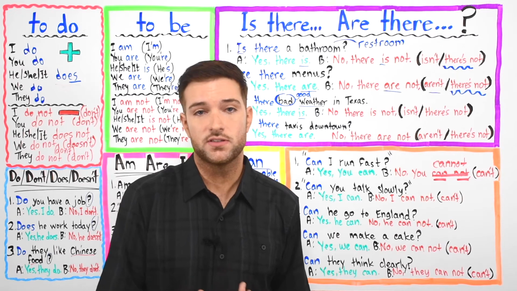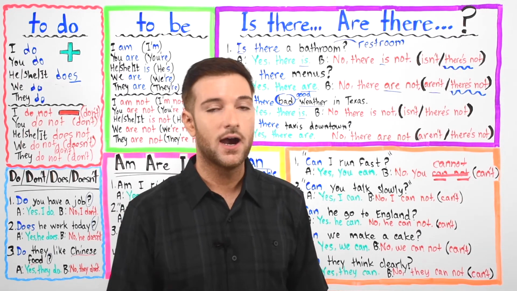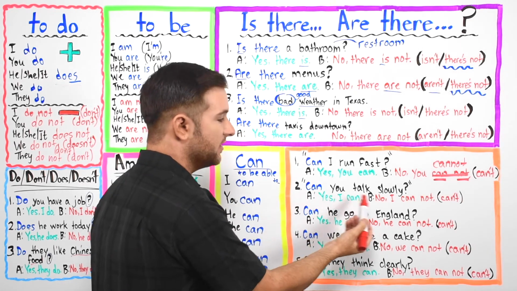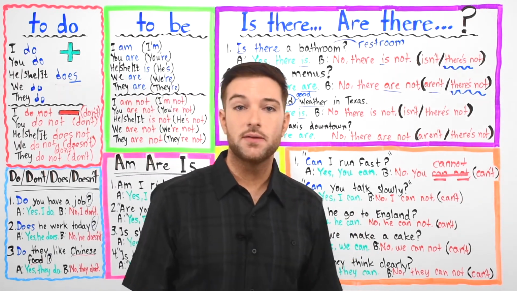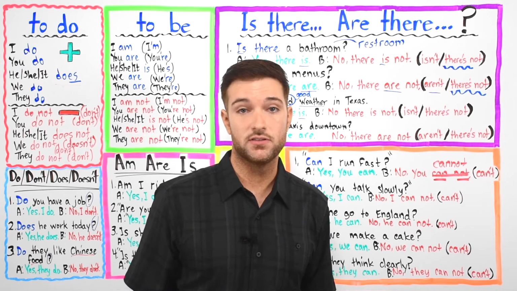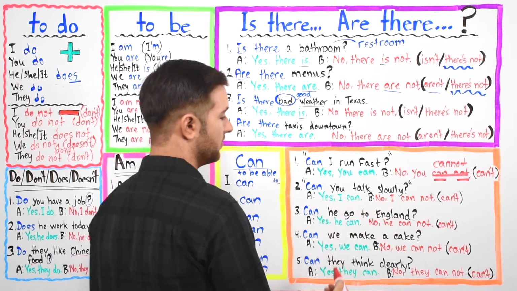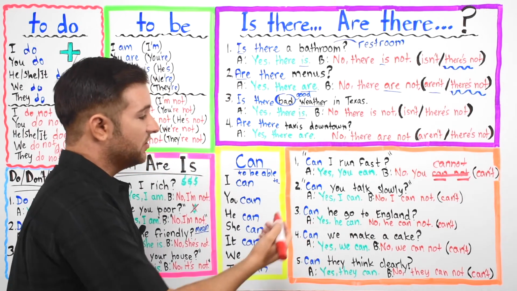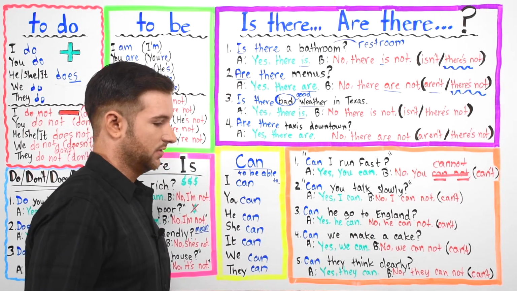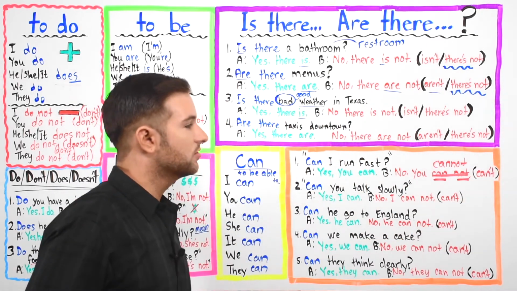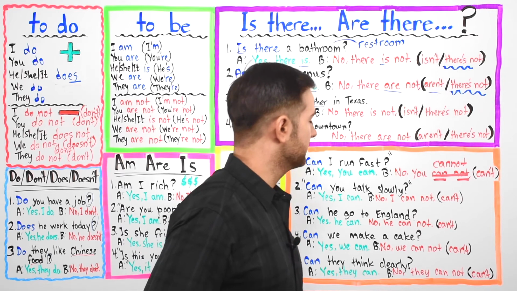I know for me, if I go to Ireland or Scotland, I'm always asking people, can you talk slowly? Because sometimes they speak so fast I cannot understand, and I speak English as my native language. You could say, can you walk slowly? So this is walking fast, or you can walk slowly like an old person.